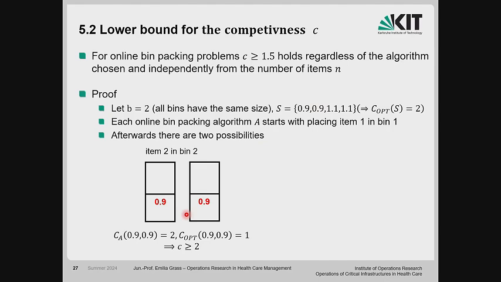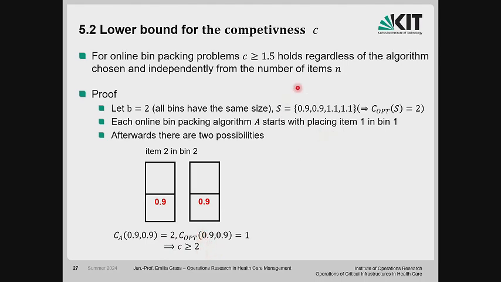If we stopped here, we would know that 1 bin would absolutely be enough. But because we assign it to 2 bins, we have a solution of 2. That means that our competitiveness C is at least 2.